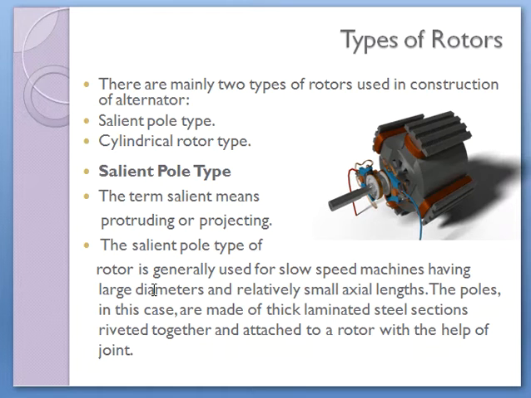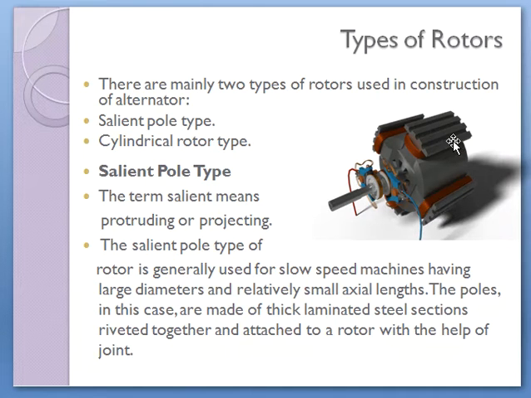And from the formula f = PN/120, we see that if the speed of rotation is not much, then the number of poles will be large. So in case of salient pole type rotors, there will be a large number of poles.